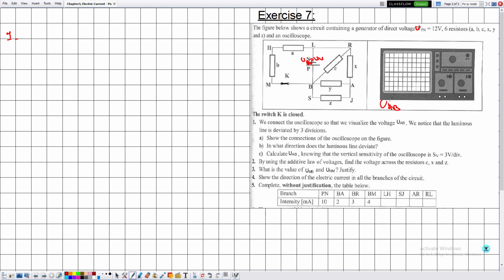Show the connection of the oscilloscope on the figure.